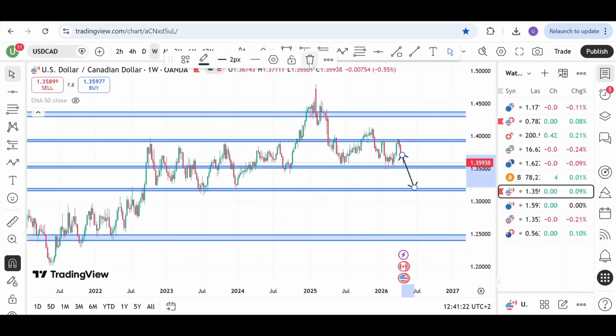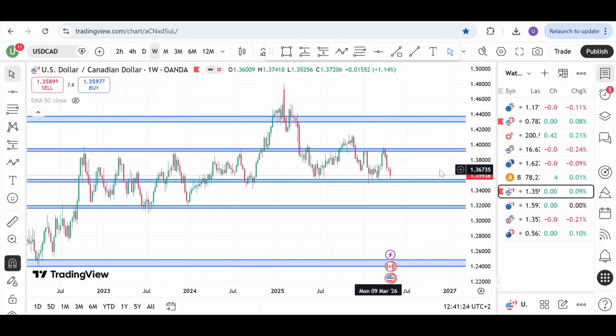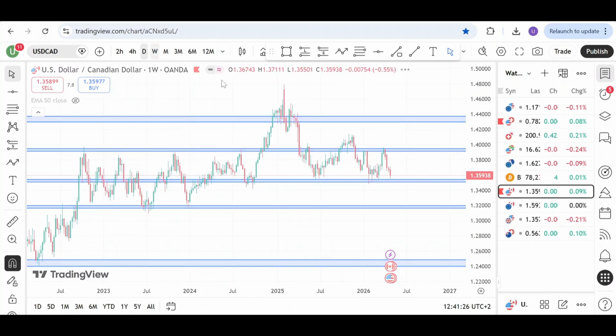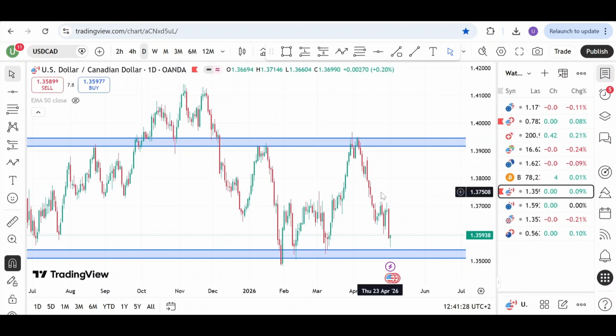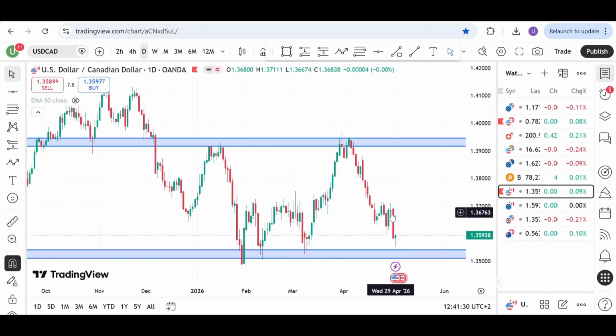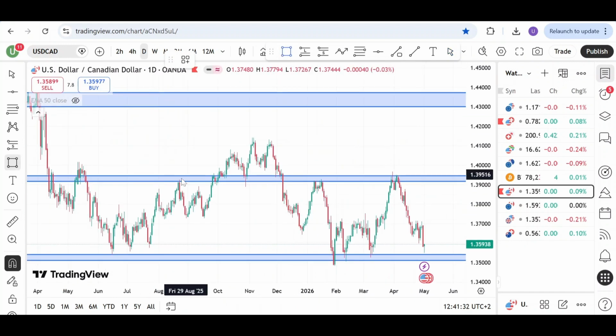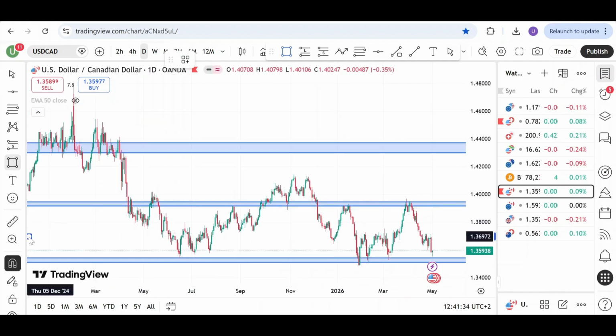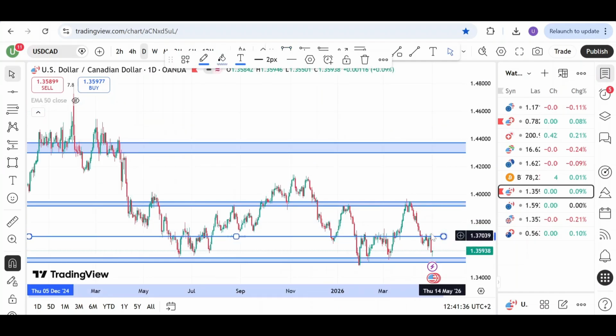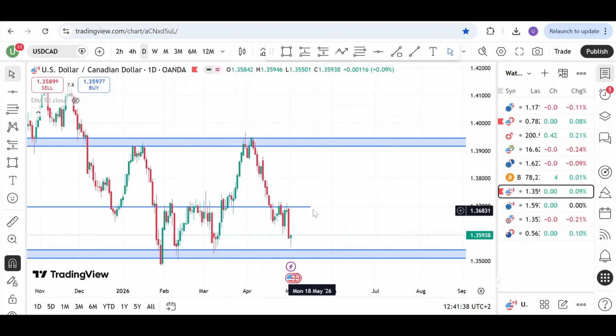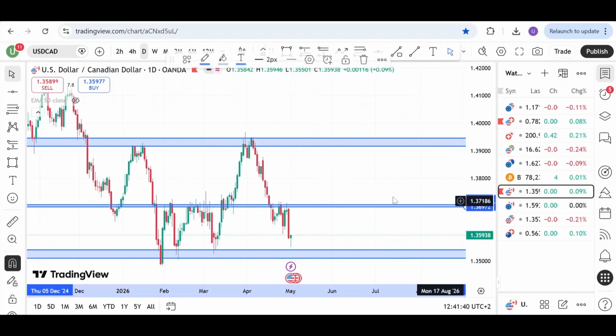Let's go to a lower time frame and see what's really going to happen. Now we are seeing a bullish pin bar in the daily time frame, which means that our move might have ended.